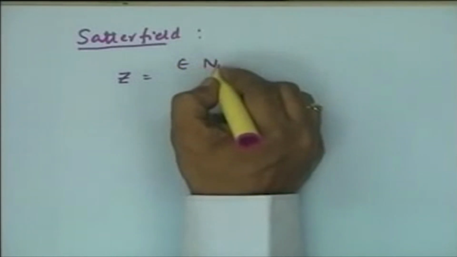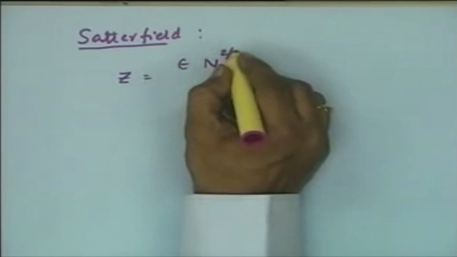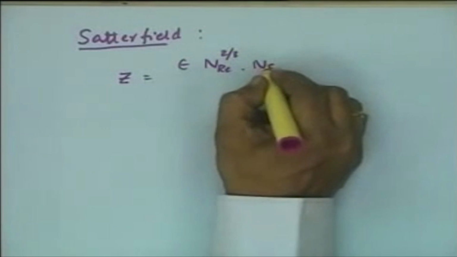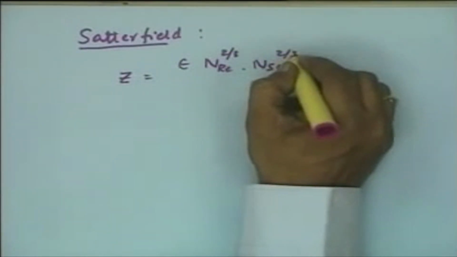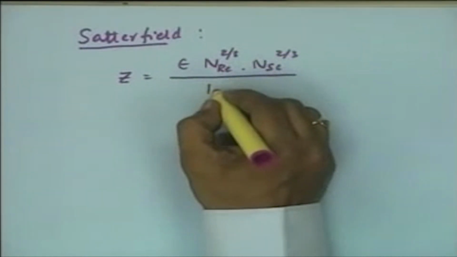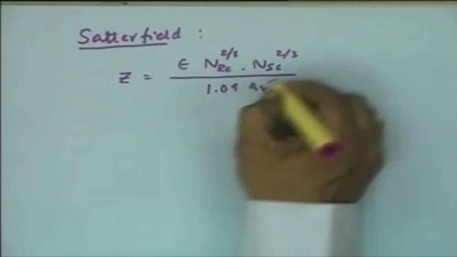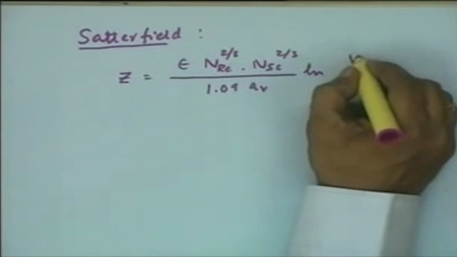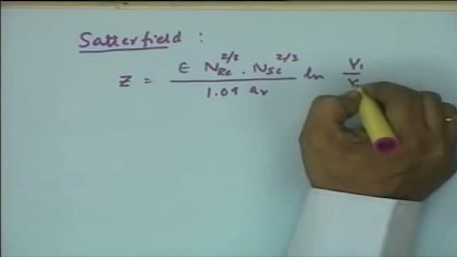And of course Satterfield also provided a single point reactor performance equation based on film diffusion control for a heterogeneous catalyst, and he defined a parameter Z as equal to epsilon n Re to the power 2/3 and the Schmidt number to the power 2/3 upon 1.09 AV ln y1 upon y2.